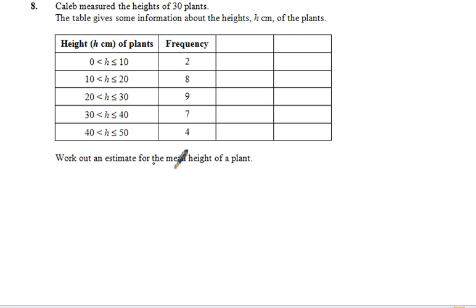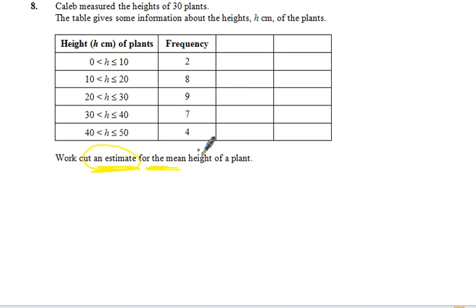Work out an estimate for the mean. So an estimate should trigger some memories about our discussion in class. Why is it they're asking for an estimate? Why can't they actually figure out the exact answer for the mean? Why is it only an estimate?